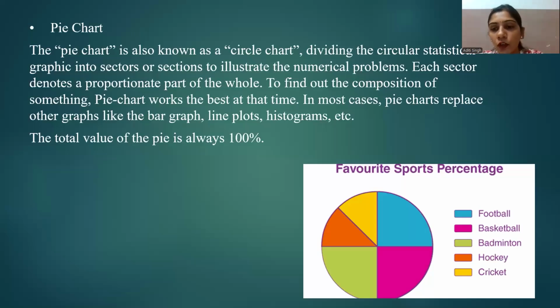As you can see in this diagram, this pie chart is a circular representation. So the entire pie represents 100% of the total data, with which we can represent a portion or a part.